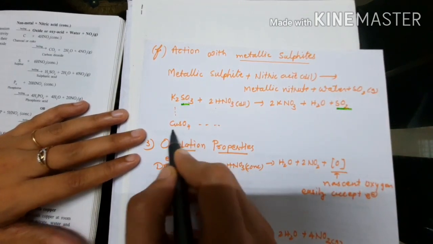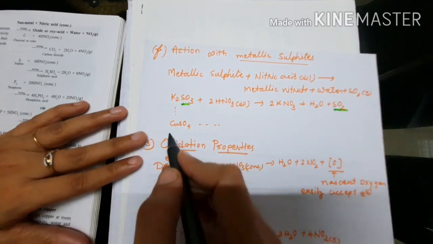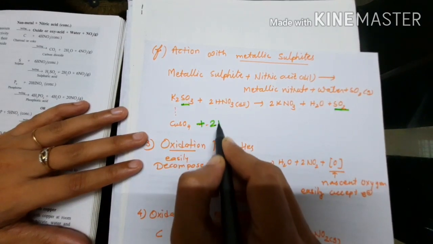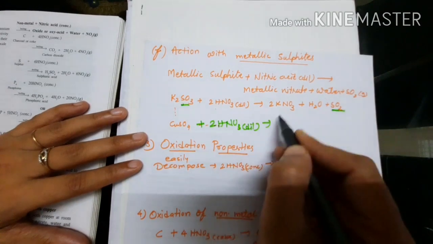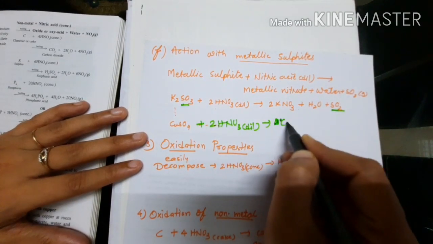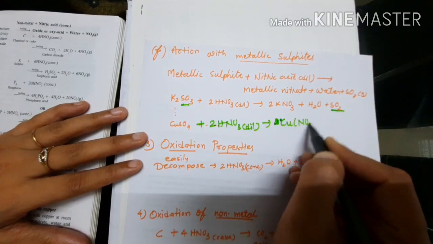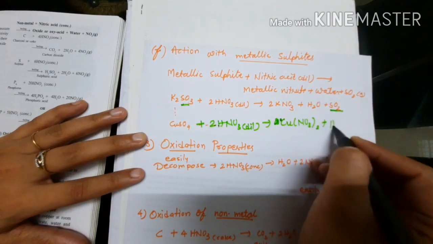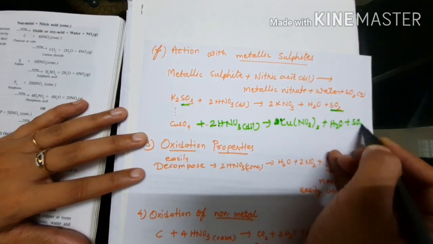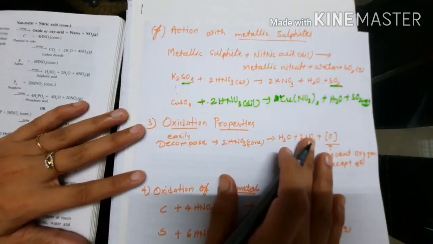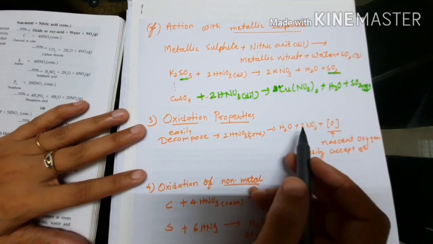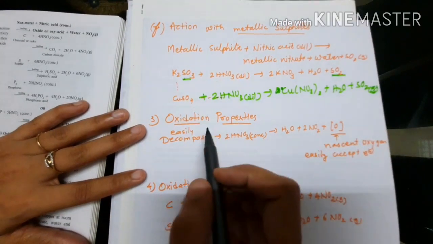Same you can do with copper. In the active metal series till copper, with diluted acid it converts into Cu(NO3)2 plus H2O plus SO2 gas. So this is the way it will produce. I hope you understand this.